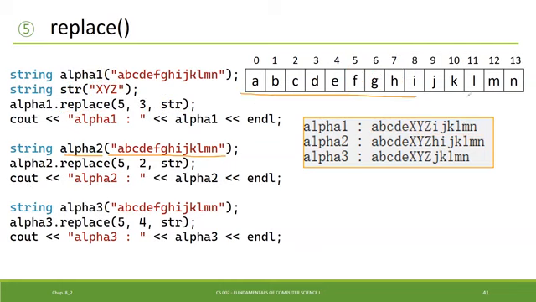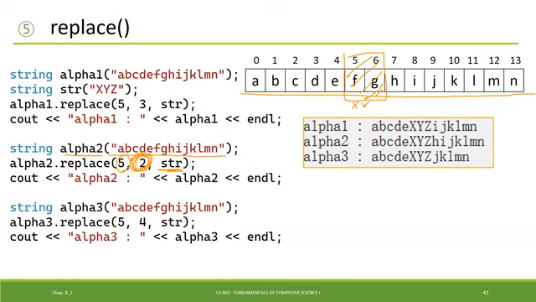In this case, this time replace 2 letters. This is the length. Replace 2 letters from index 5 with this. Only 2 letters, F and G, will be replaced with XYZ.